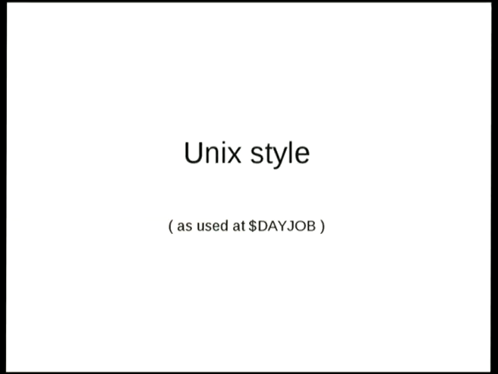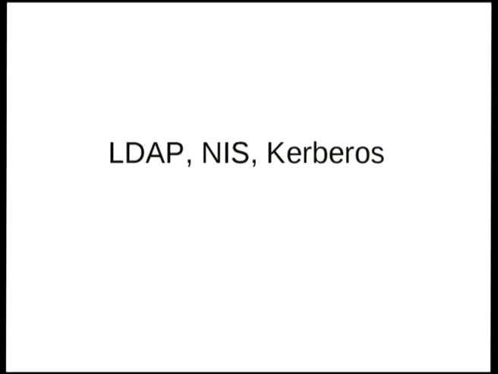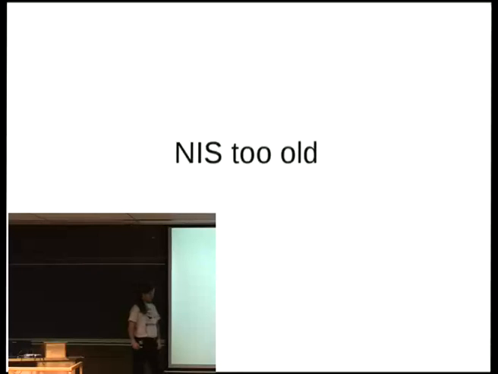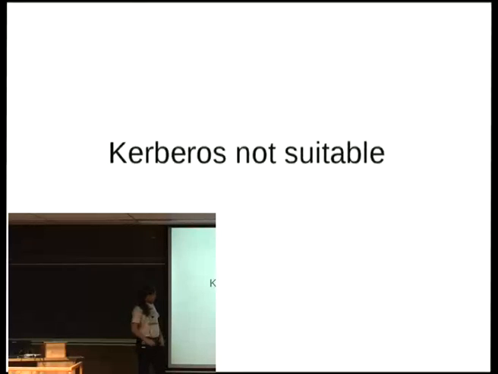And finally, we have the Unix style, as we are doing at my day job, which is basically LDAP, NIS, and Kerberos. As I said, NIS is too old, completely deprecated, and there are various problems. Kerberos was not workable for a system based on the web, because people have to set up Kerberos on their computer and stuff like that.